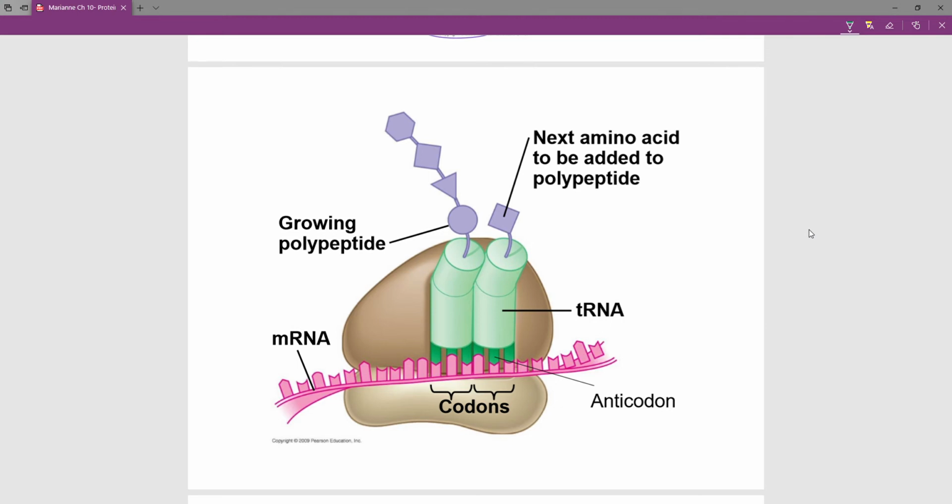And so, like I said, we have the small subunit of the ribosome. We have the large subunit of the ribosome. We have the messenger RNA being held by the small subunit.